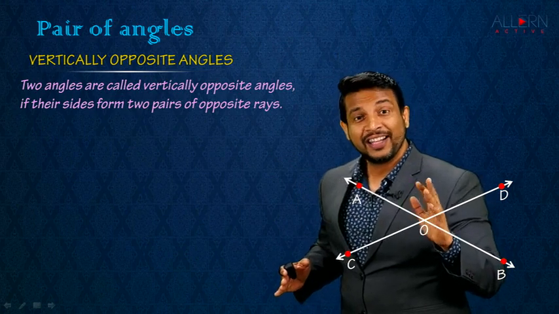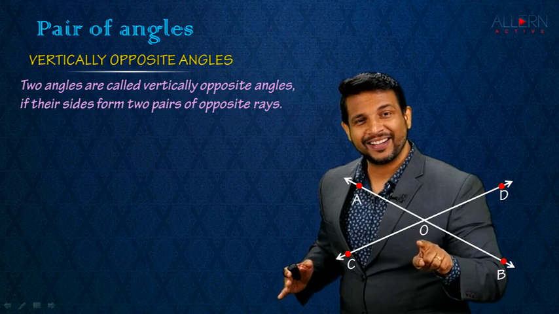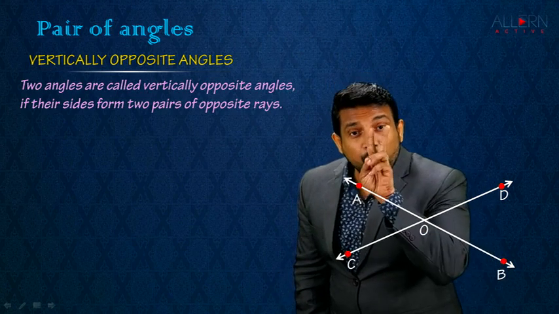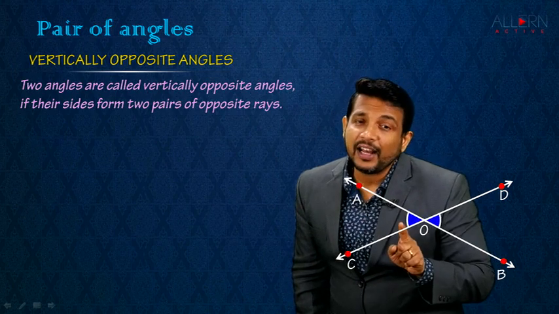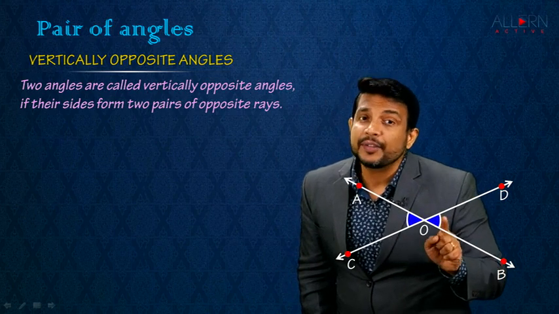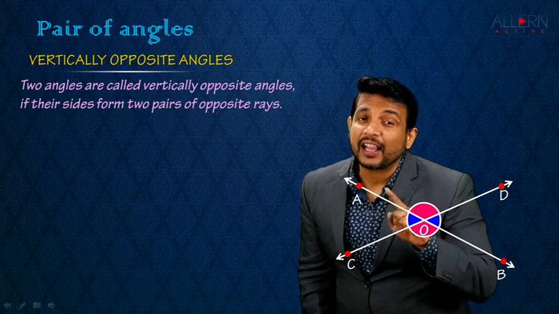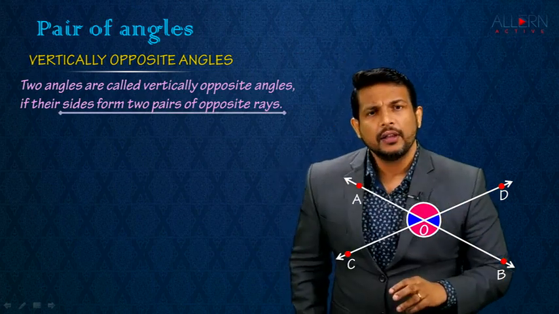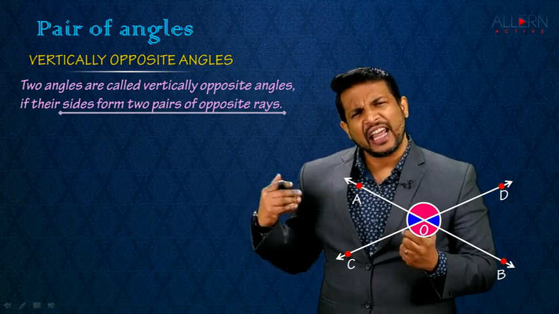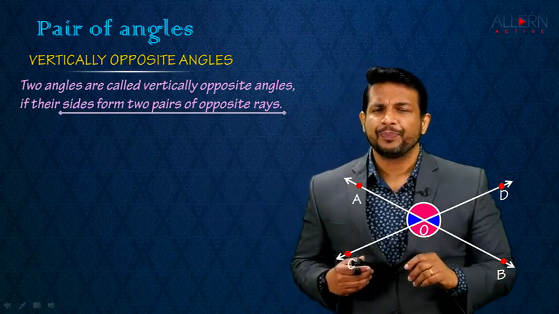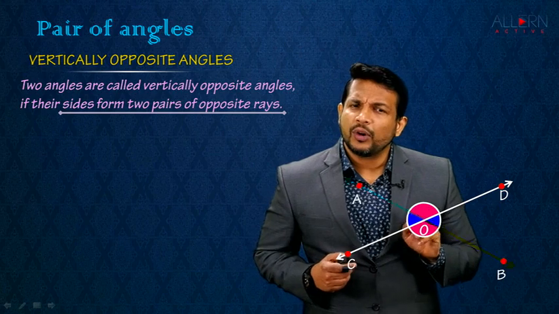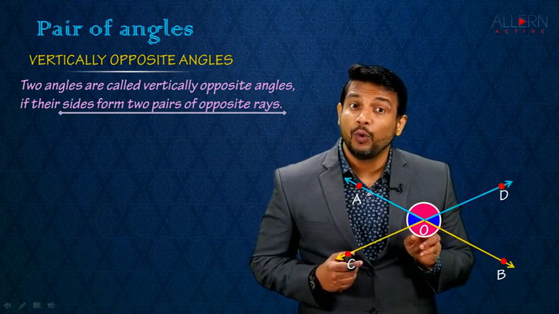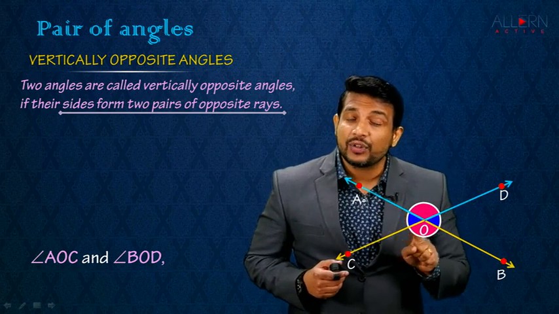In that case, we have four angles formed here. From these four angles we are going to form two pairs of vertically opposite angles. One is angle AOC and angle BOD. This is one pair, and the other pair is angle AOD and angle BOC. These are the two pairs of vertically opposite angles. Now you'll say, why? As per the definition, can we understand that? Yes, we can. If you focus right now only on the angles which I am highlighting in blue, I'm talking about angle AOC and angle BOD.